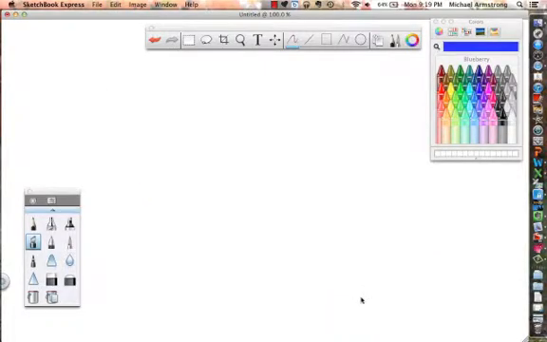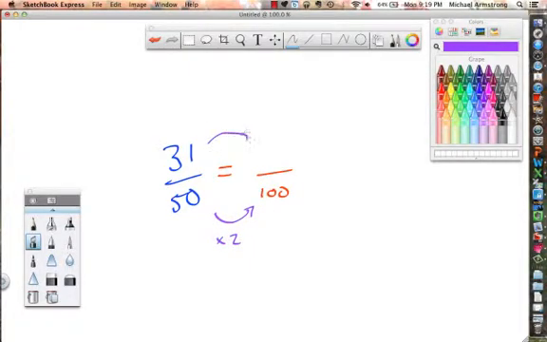Sometimes it does. If they say write 31/50ths as a percent, that's easy. You're just going to go straight to 100, and to do that, you're going to multiply by 2, because 50 times 2 is 100. You're going to multiply by 2, and 31 times 2, you can do this in your head. 30 times 2 is 60. 1 times 2 is 2. 31 times 2 is 62.